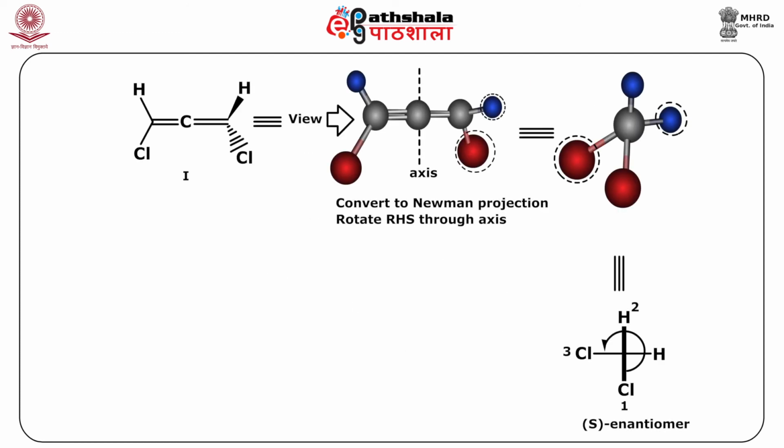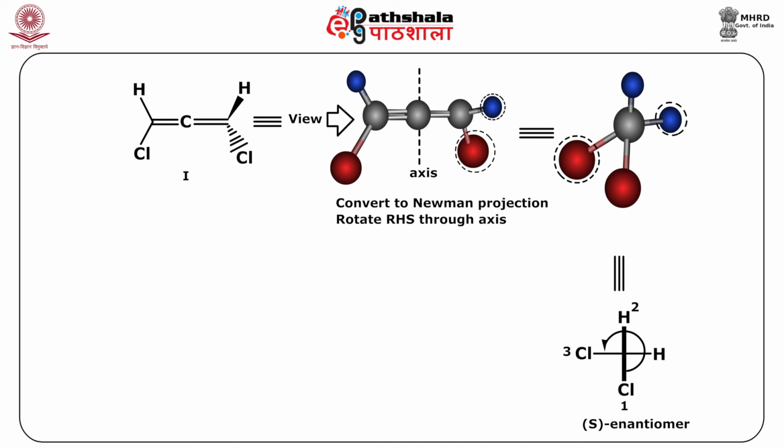These 3 compounds are written above. Their enantiomers are identified by giving the absolute configuration, viewing through different axes, that is the left hand side axis or the right hand side axis, and then putting it into the appropriate Newman projection and seeing the absolute configuration.